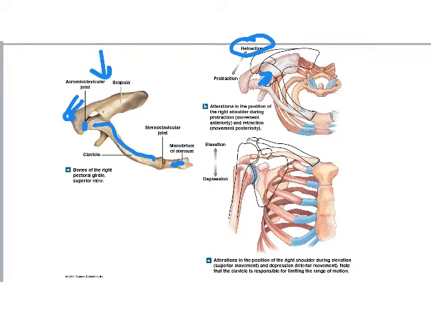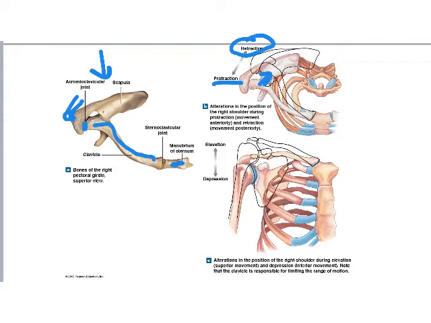You could also have protraction of the shoulder, which would be if you hunch your shoulders forward. So the forward and backward motion is protraction and retraction. But then you can also lift your shoulders up, as when you're shrugging, and that would be elevation of the shoulder girdle.